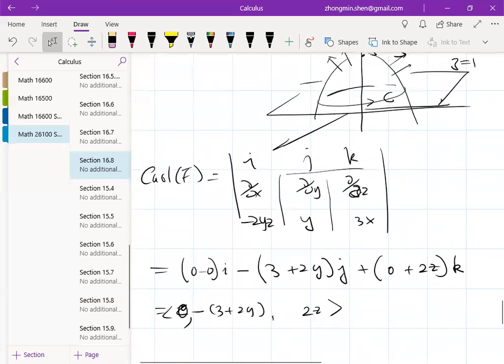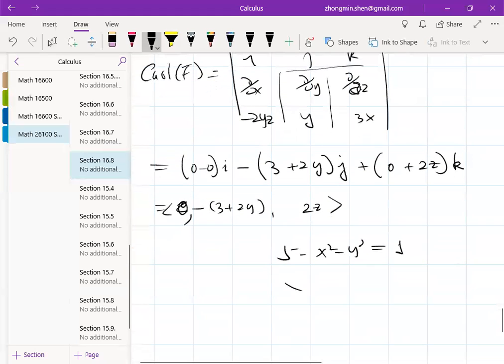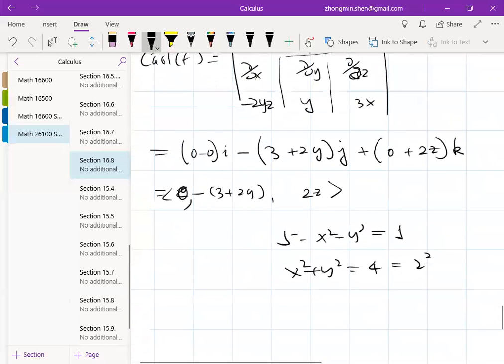You know that 5 minus x squared minus y squared equals 1, right? That gives you the equation x squared plus y squared equals 4, which is 2 squared. It has a radius 2. So that's the intersection.